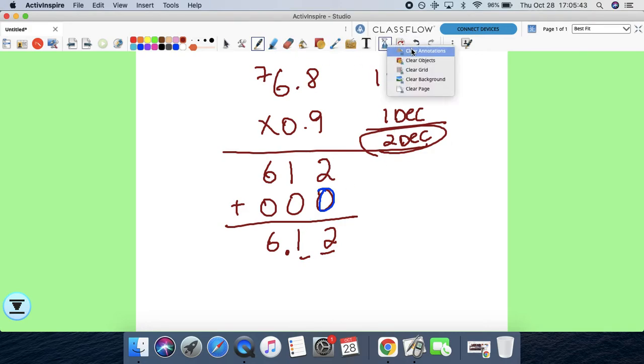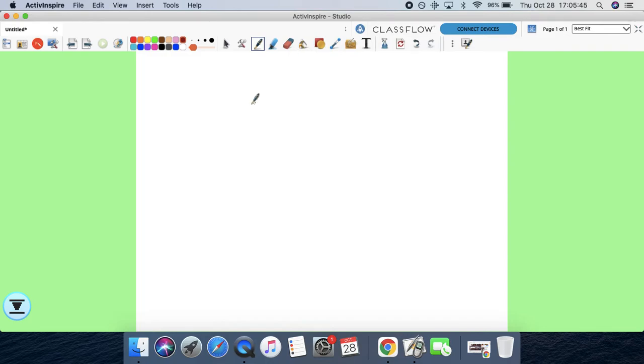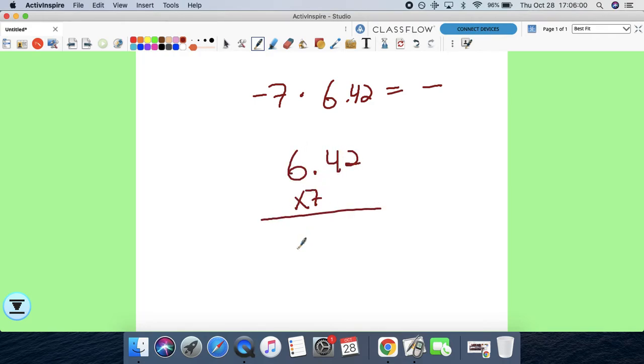17, negative 7 times 6.42. So my answer is going to be a negative times a positive is a negative. So we're going to have a negative answer, right? So let's figure out. So 642 times 7, right? 7 times 2 is 14, carry 1. 7 times 4 is 28, plus 1, 29, carry 2. 7 times 6 is 42, plus 2, 44.